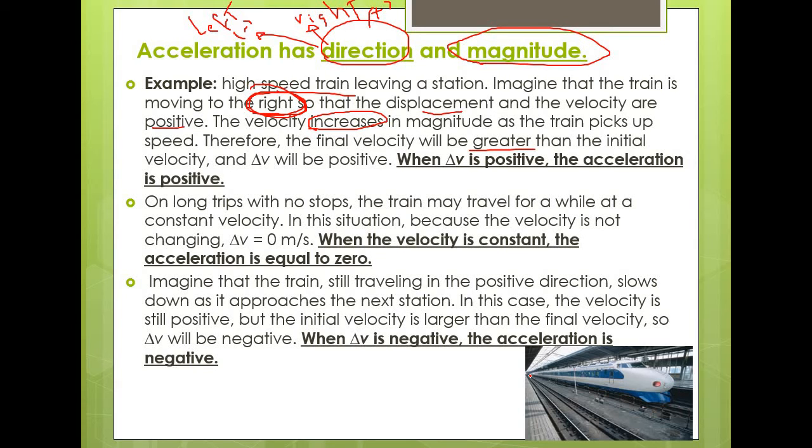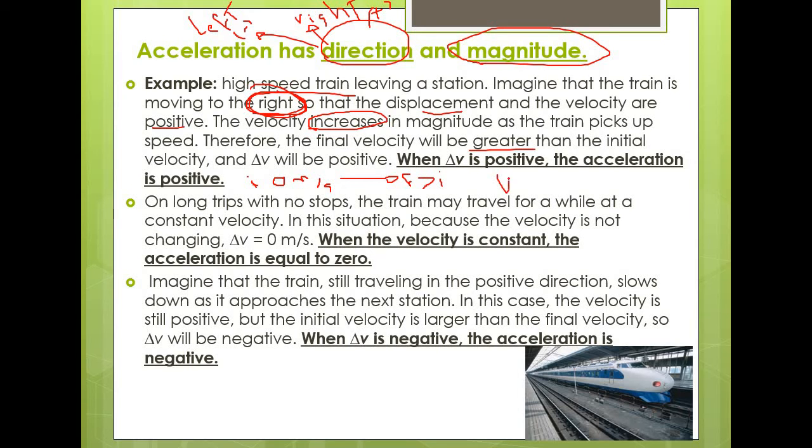This train starts to leave the station at speed 0 meters per second, and then the velocity of this train increases. So the initial velocity is 0 meters per second, while the final velocity will be greater than the initial velocity.